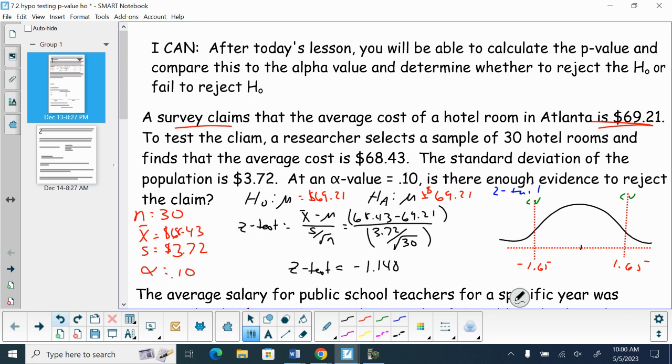Here's our 0, and negative 1.14 throws us in this region. Once again, the big region is non-critical, then we have critical. We fall in a non-critical region, so we fail to reject the null hypothesis.